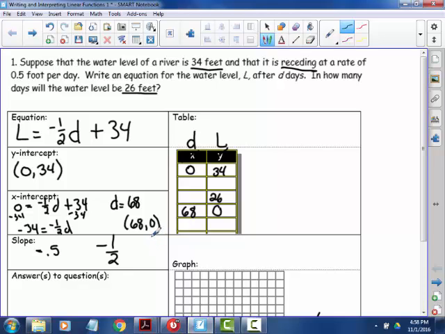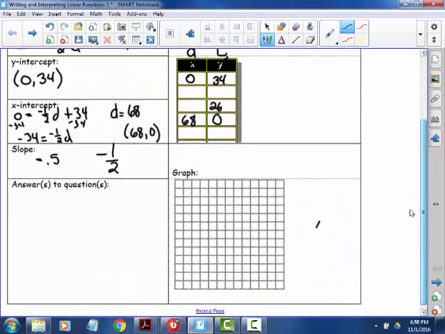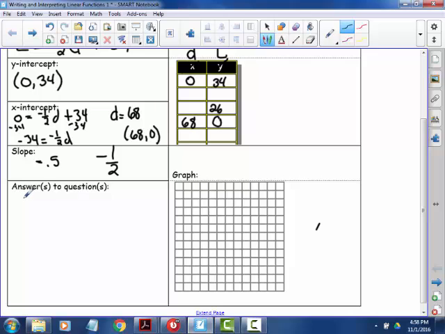All right. Let's see. We want to know when L equals 26. So that's going to be the answer to our question. So we could do 26 equals negative 1/2 D plus 34. And then we would subtract the 34 from both sides.